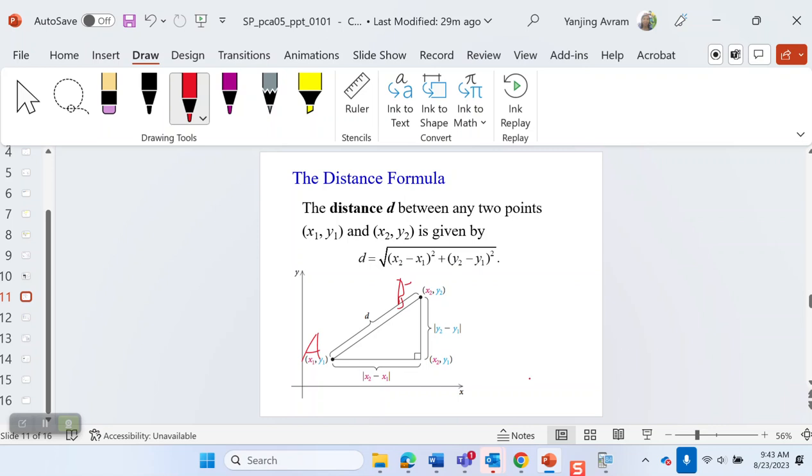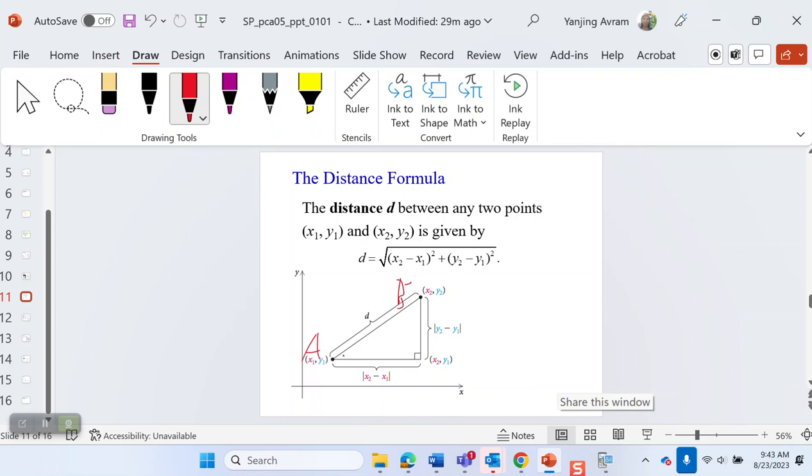Well, you can set this up like a triangle in here, okay? Looks like a triangle. So we do point A and point B here. Point A coordinate is x1, y1. Point B coordinate is x2, y2.